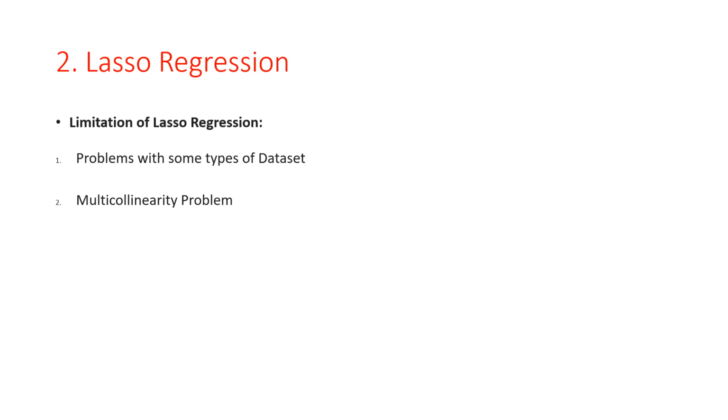And the next limitation is the multicollinearity problem. If there are two or more highly collinear variables, then lasso regression selects one of them randomly, which is not good for the interpretation of our model.